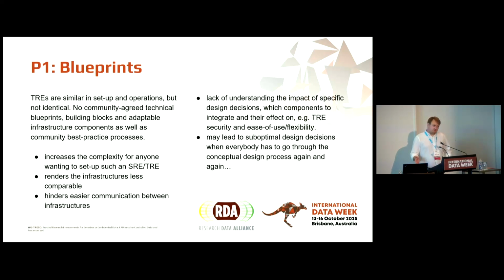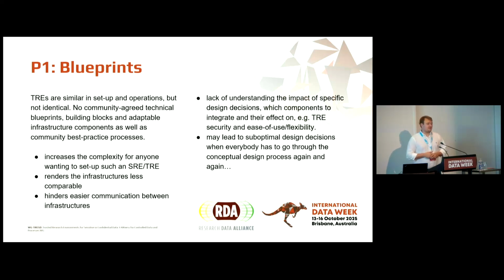So this leads usually to more complex problems for people wanting to start a TRE, but even among TRE providers, this lack of common concepts, lack of terminology, makes it more complex to talk about problems, to talk about our near misses, to talk about the not so nice things that will never get published anywhere.